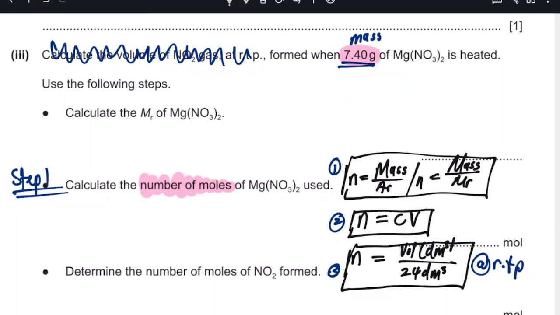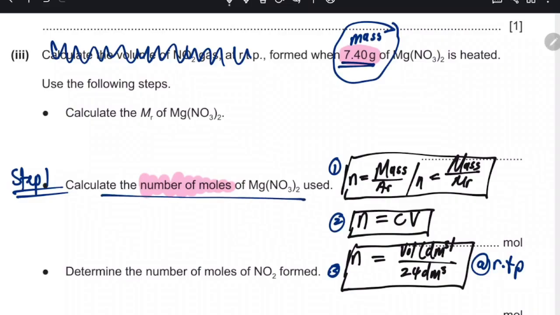You have these three methods. Look at what you've been given. Either they'll give you the concentration, moles per dm cubed, and the volume, or they'll tell you at RTP or whatever. Here they didn't say at RTP, they just said number of moles.